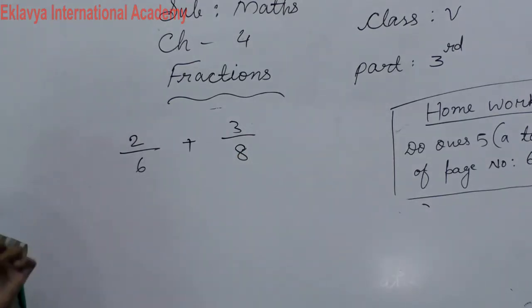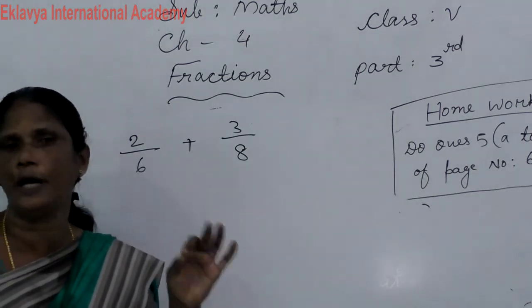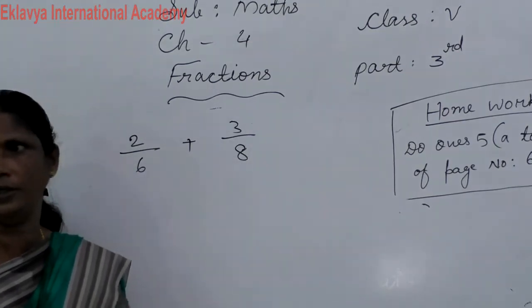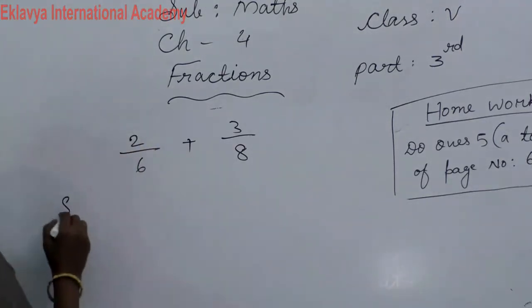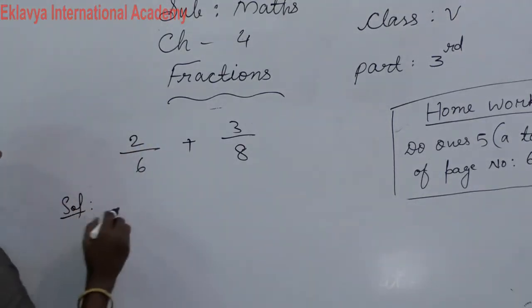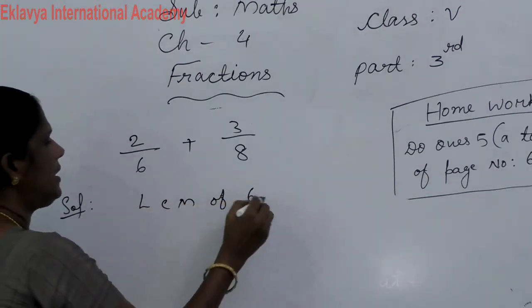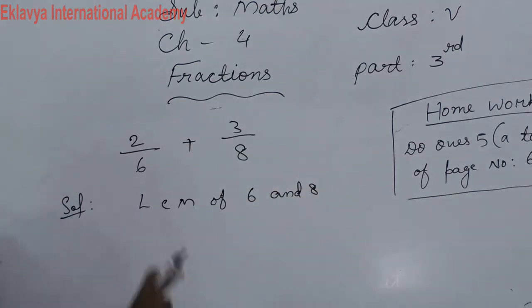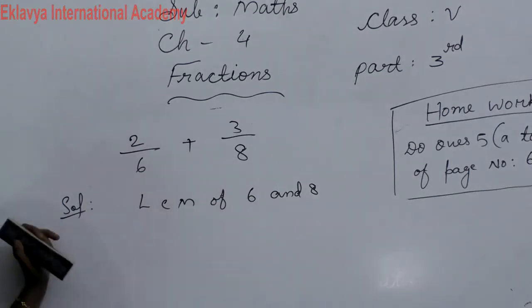First you find the LCM of the denominators. First LCM of 6 and 8.